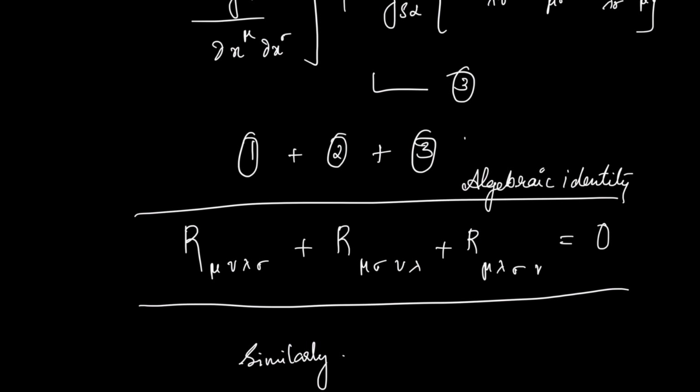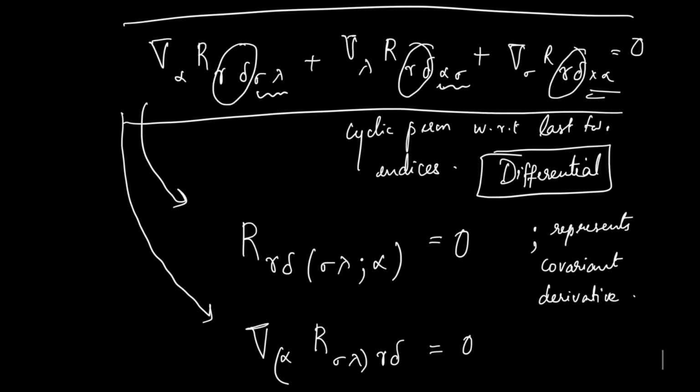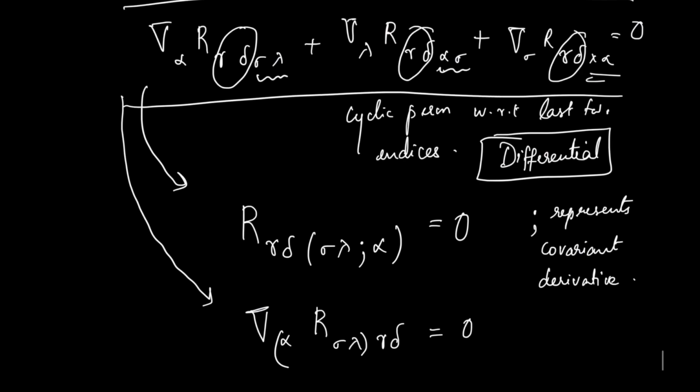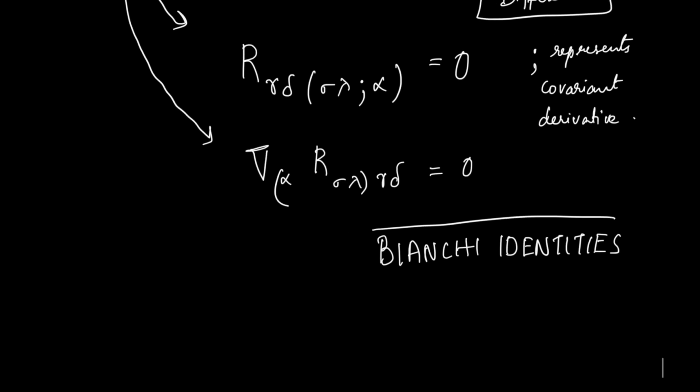Bianchi identity algebraic and Bianchi identity differential. Bianchi identities for the fully covariant Riemann tensor.